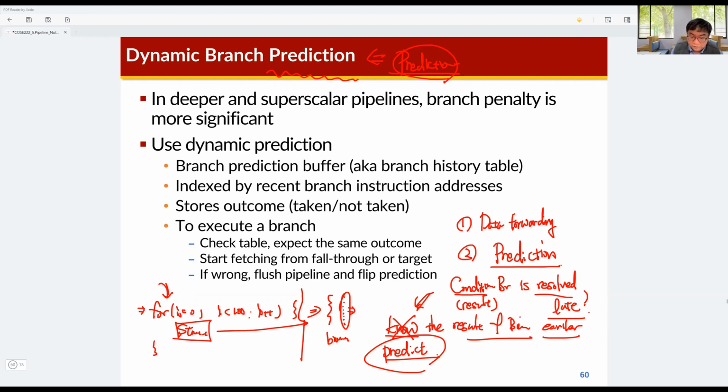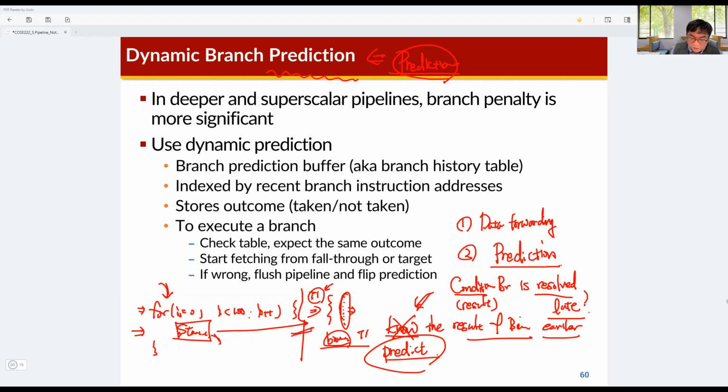The target of the branch instruction becomes the first instruction of this statement, T1. So we can know that this code will repeat this statement 100 times.